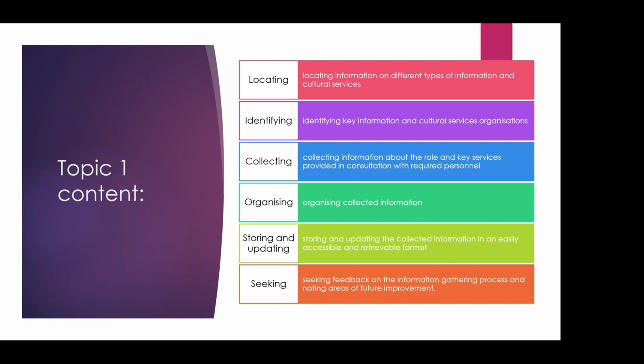We're going to collect the information about them, including the roles and key services provided by each of them. We're going to organize our collected information. We're going to figure out how to store and update the collected information in an easily accessible and retrievable format. And then finally, we're going to seek feedback on the information gathering process and note areas of future improvement.